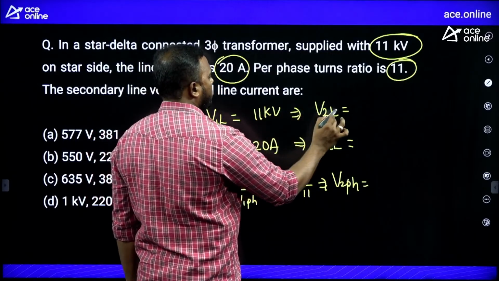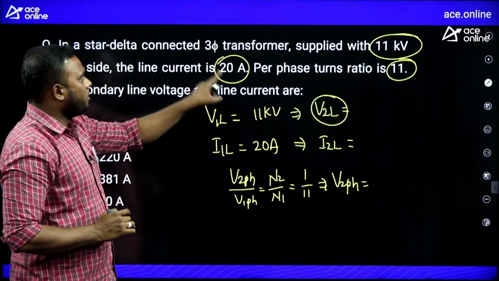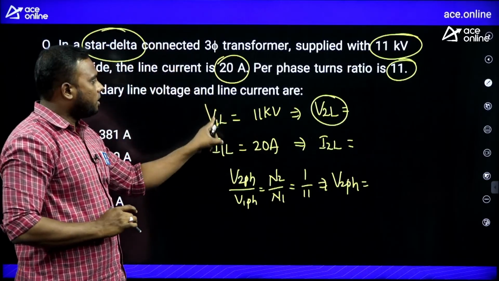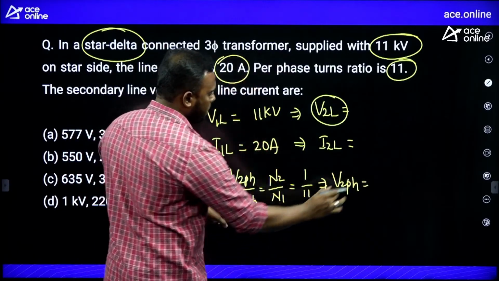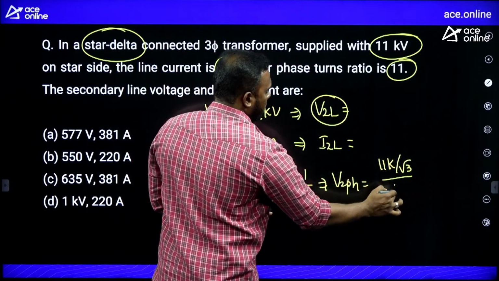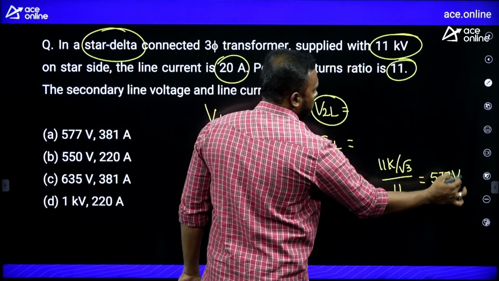What is V1 phase? Primary line voltage is 11 kV. Primary is star connected, no? Primary star, secondary delta. Since it is star, we have to take phase voltage as line voltage by root 3. So phase voltage is 11 k by root 3 divided by 11, so it is 1000 by root 3, 577 volts we get.